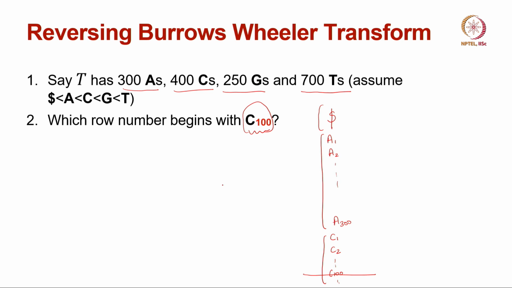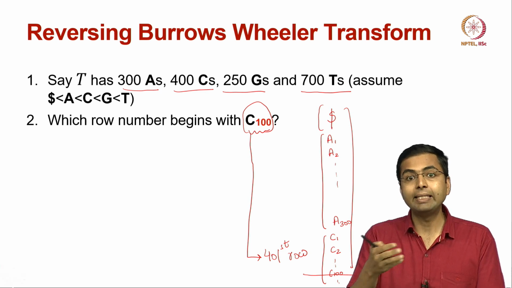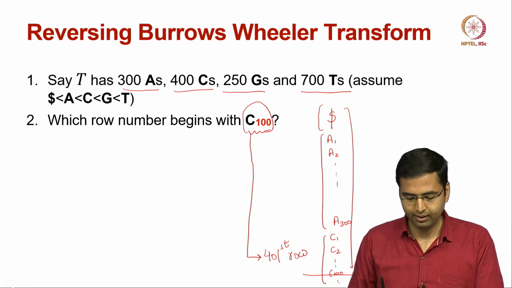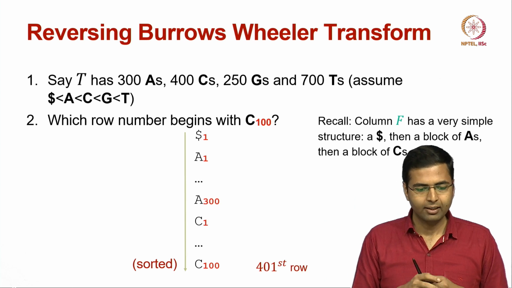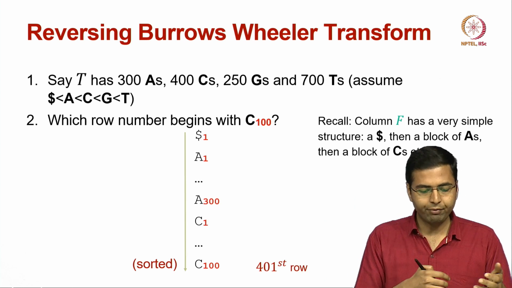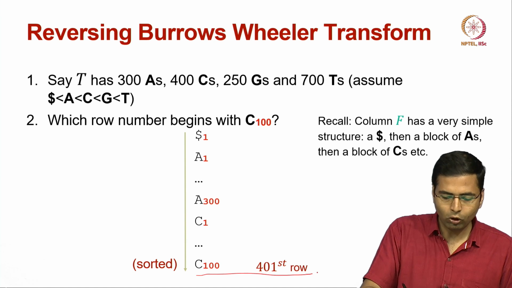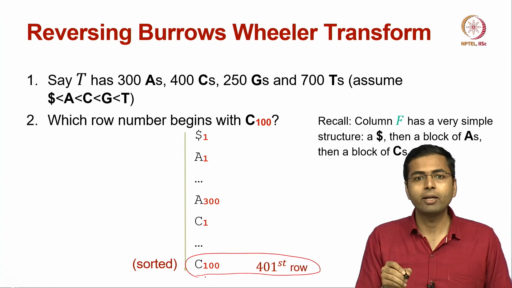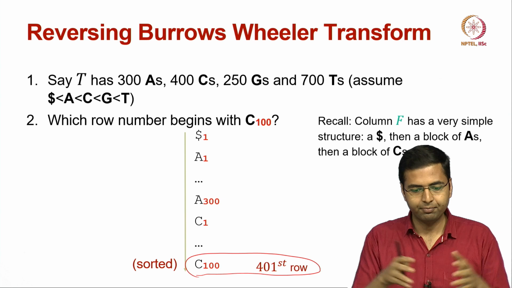So, considering these many rows occurring before it, we can say that the C100 must correspond to 400 first row in my matrix, because there are 400 rows before it that will occur because of the ranking of A's and C's, right. So, this is again showing you that because of the lexicographical ordering, C100 will correspond to 400 first row in the Burrows Wheeler transform matrix.